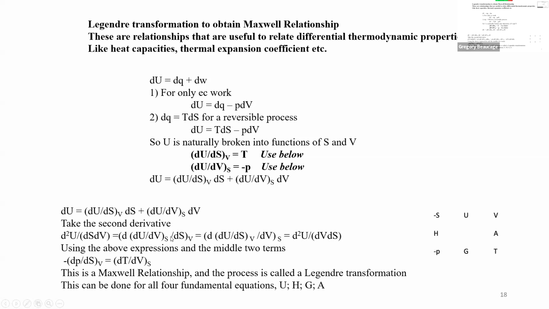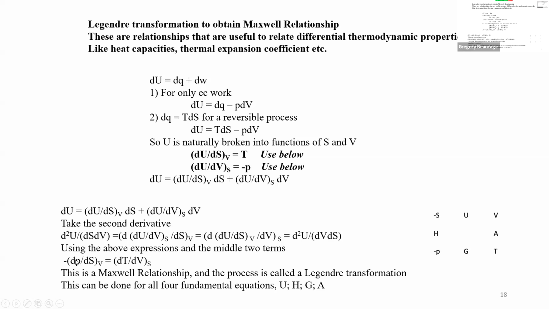Then once you have that, you end up saying that dU/dS at V has to equal, let's see. Because dU/dV at constant S is negative P, and dU/dS at constant V is T, that means you can swap T and V. These two things are equal to each other.